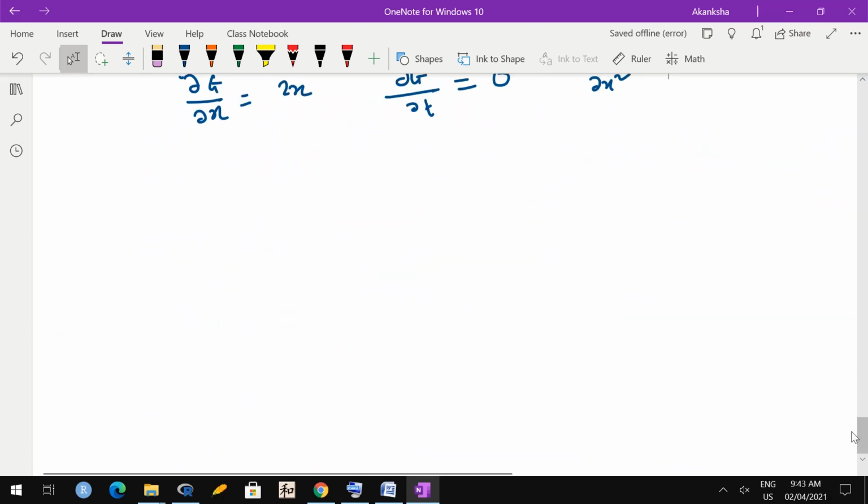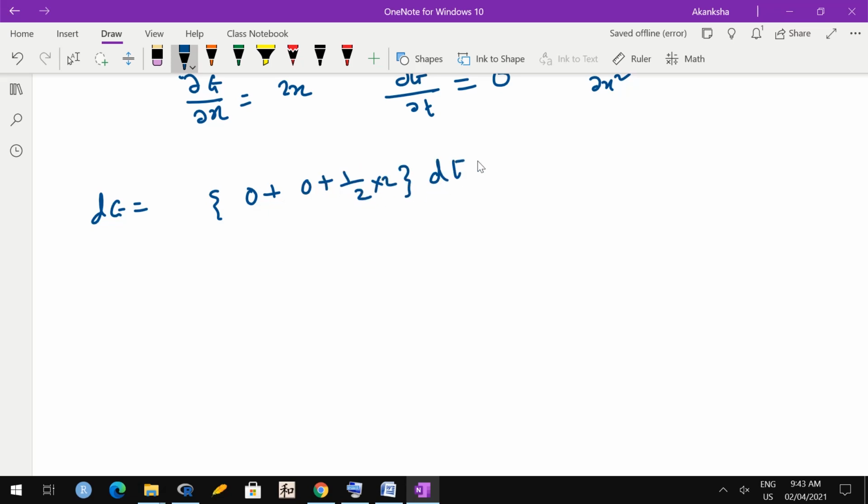We get dg as 0 plus half into 2 times dt plus 2zt dz. So basically we get that Zt squared follows an Ito process with mean parameter 1 and variance parameter 2zt.